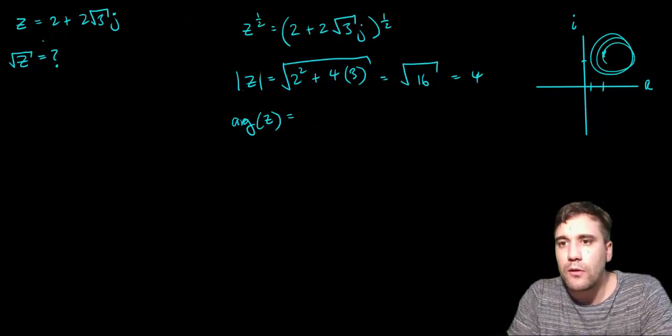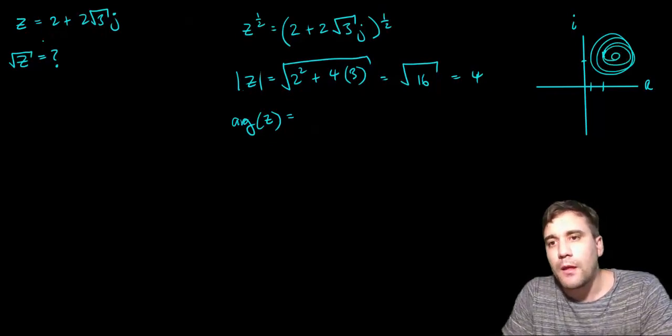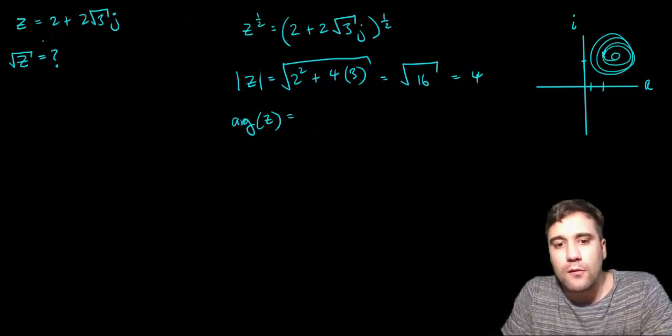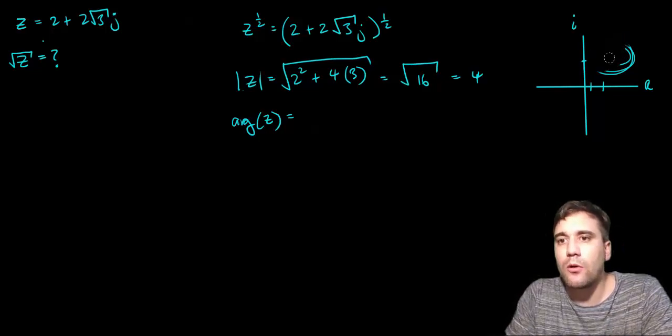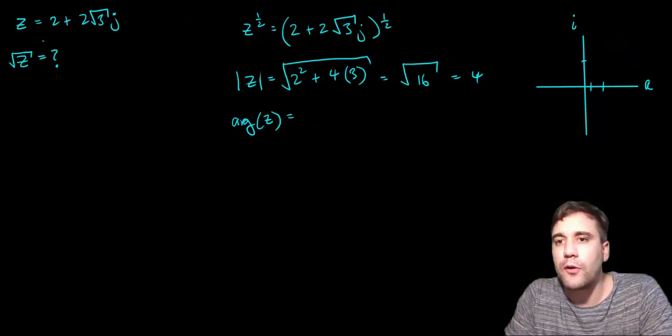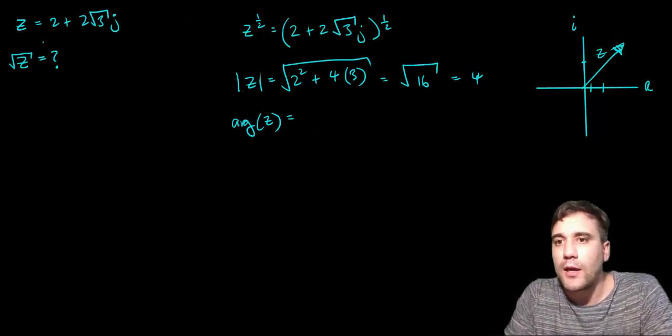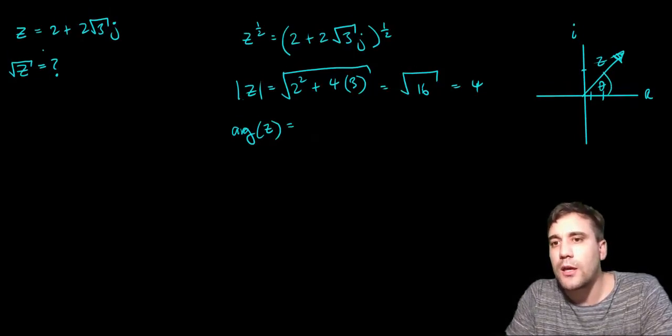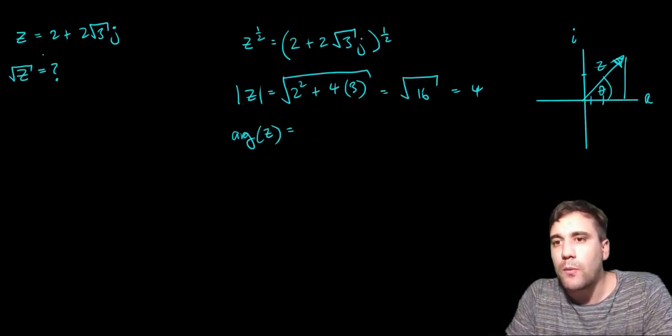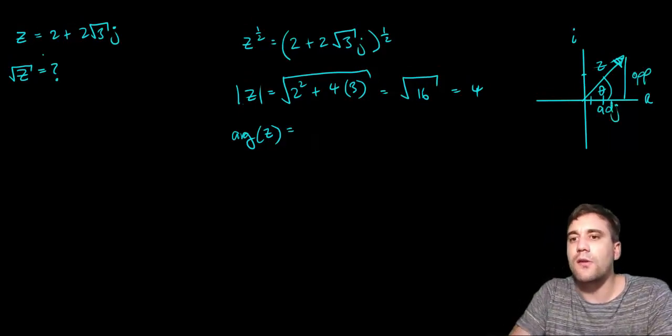Anyway, we're in this quadrant here, the first quadrant. I haven't drawn this to scale or anything, but you can think of it as a vector z, and we're going to have a positive angle here, and we can find it using inverse tan, where this is opposite and this is adjacent.